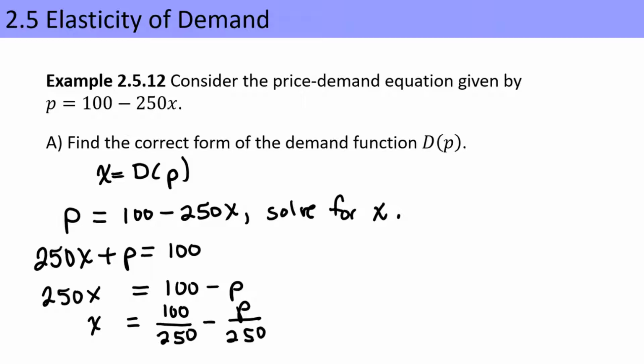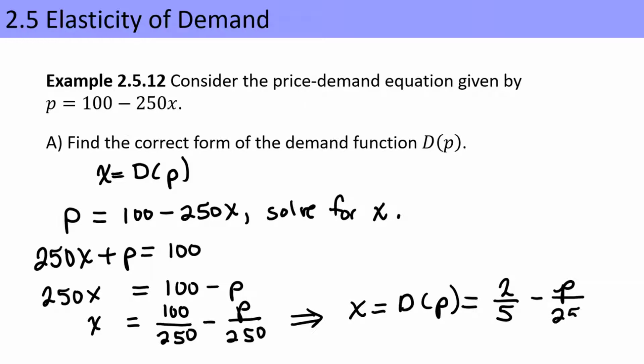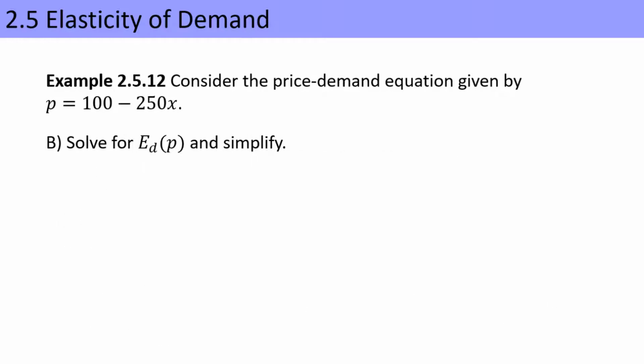We can simplify this a little bit and get that x, which is a function of p, is equal to 2/5, 100 over 250 reduces to 2/5, minus P divided by 250.